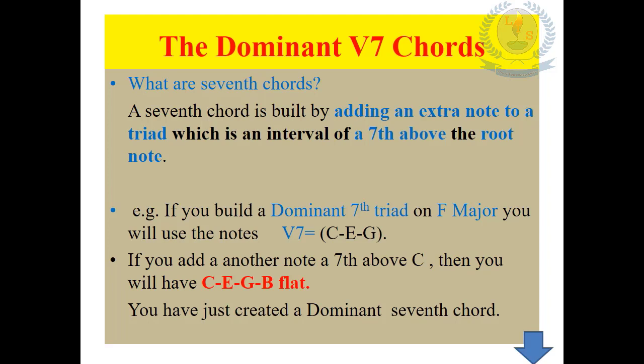As an example, if you build a dominant seventh chord on F major, the dominant will be C, and the dominant triad will be C, E, G. If you add another note, a seventh above C, then you will have C, E, G, B flat. You have just created a dominant seventh chord.